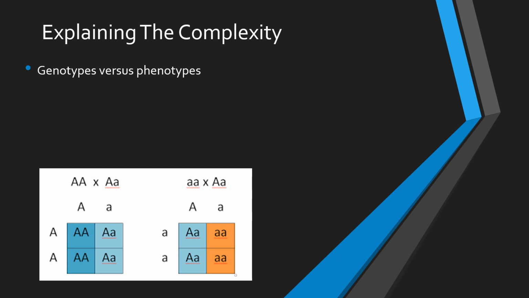This genotype is the combination of genetic information coming from both haploid cells of the sperm and the egg. And it produces this thing called a phenotype.